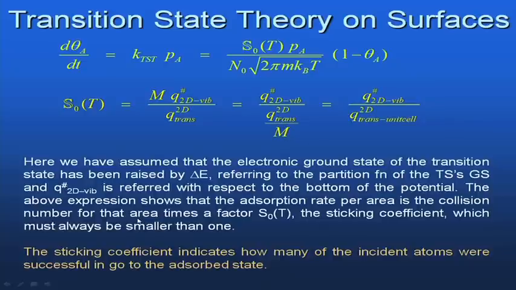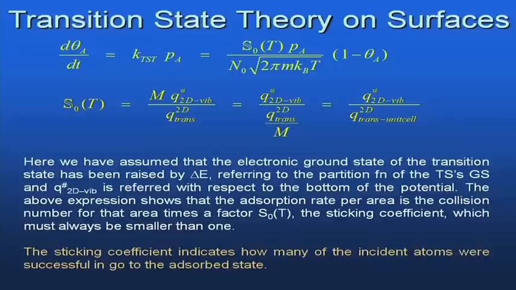And the above expression shows that the adsorption rate per unit area is the collision number for that area times the factor S0 t, okay. So, the adsorption rate is basically your collision rate, the rate with which it is colliding with the wall, times your this sticking coefficient, okay.